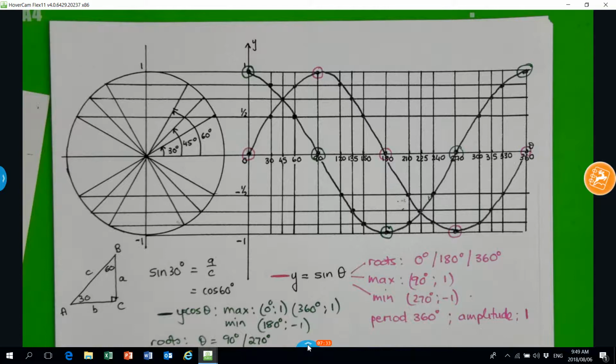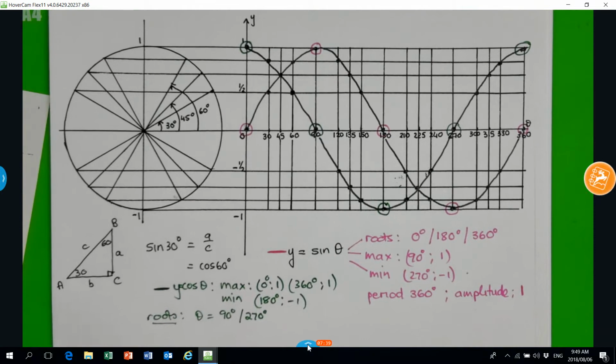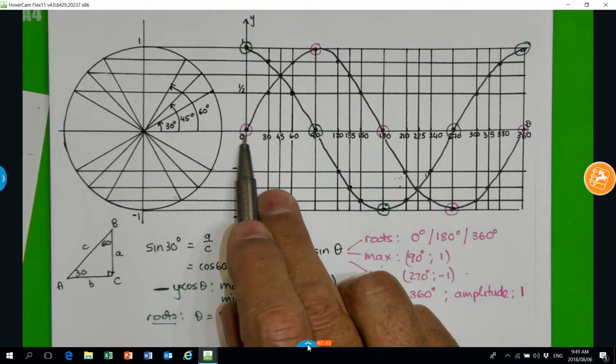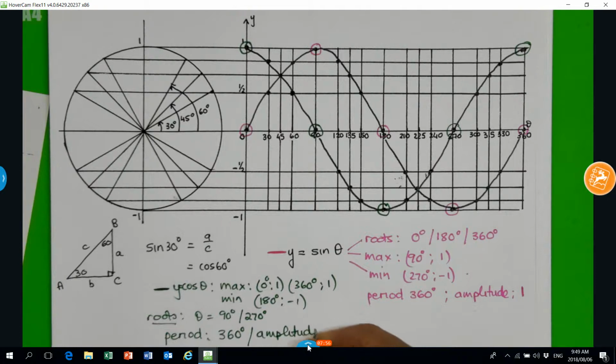The period for the curve, now remember, what did we say the period of any trigonometric curve is? It's the amount of degrees it takes to complete one full shape of the curve. And that is again 360. So the period is 360, same as for the sine function. And the amplitude for the cosine function again lies at 1.